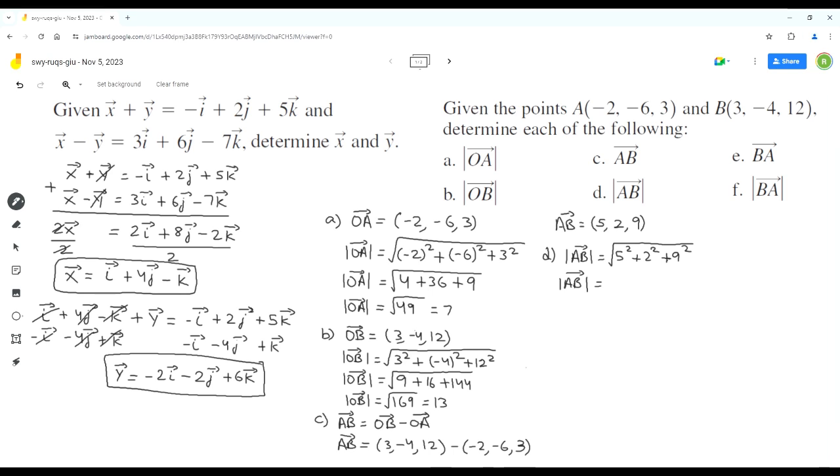So 5 squared is equal to 25, 2 squared is 4, and 9 squared is 81.